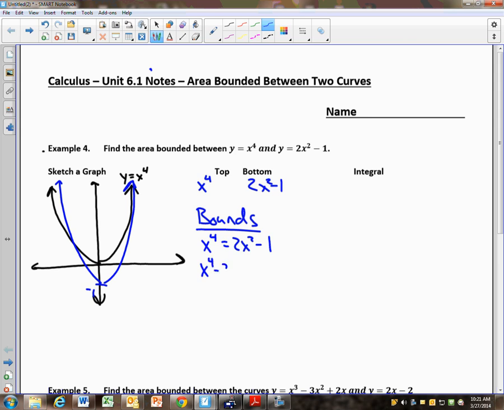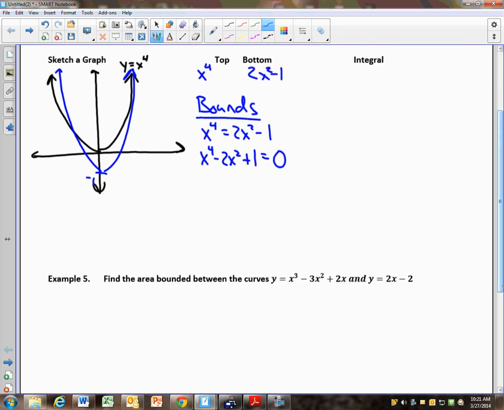Good. X to the fourth minus 2x squared plus 1 is equal to 0. Does that factor? Yeah. X squared minus 1 times x squared minus 1 equals 0.